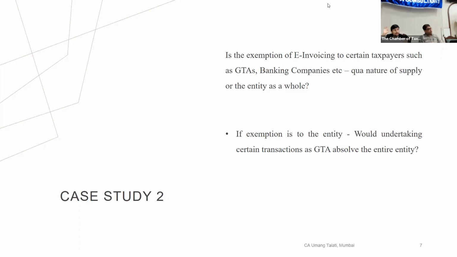Because the exemption is very specific: other than the GTA service. No, because you are saying it's by service and not by registered person. Because it says it exempts certain classes of taxpayers, and then they list out certain taxpayers.